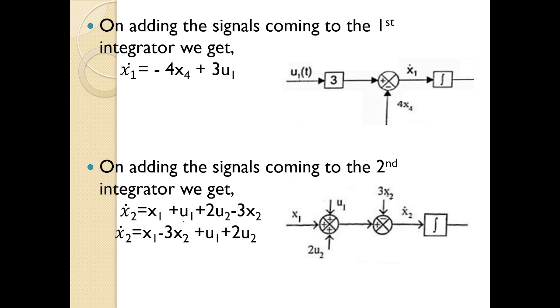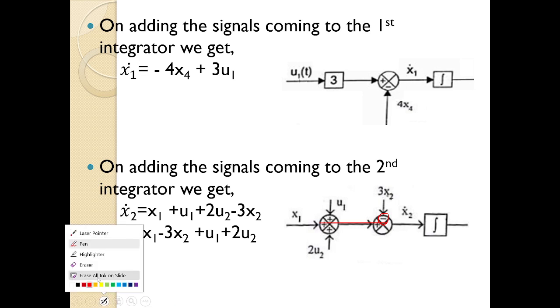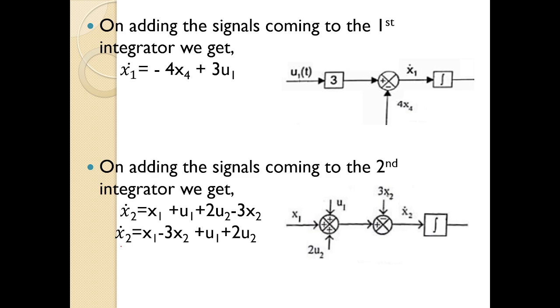That is x1 plus u1 plus 2u2 minus 3x2. Here minus is there, therefore minus 3x2. Simply I have rearranged the terms. x2 dot is equal to x1 minus 3x2 plus u1 plus 2u2.